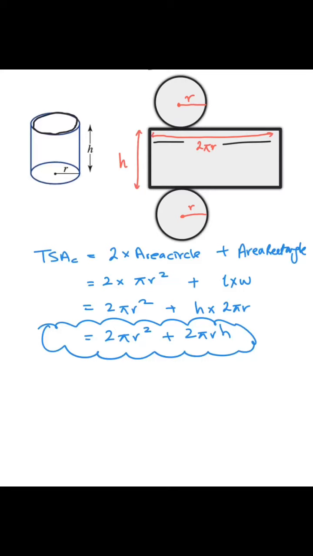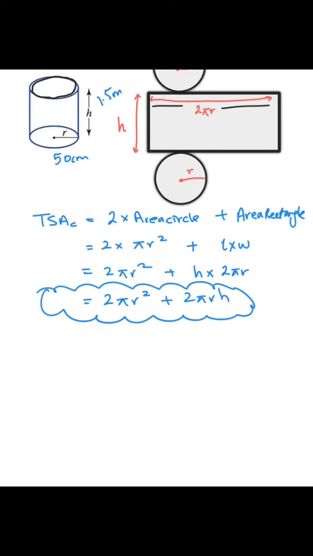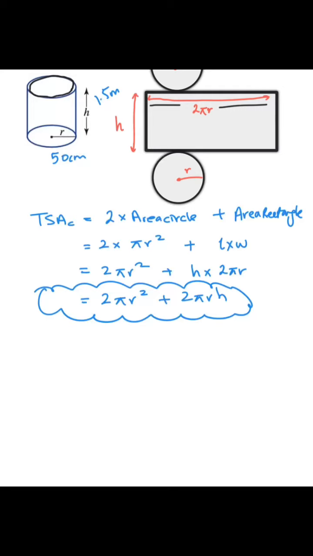So if I want to quickly have a look at an example, let's say that my radius over here is 50 centimetres, and let's say my height is 1.5 metres. Okay, so I know that my total surface area rule is 2 pi r squared plus 2 pi r h.